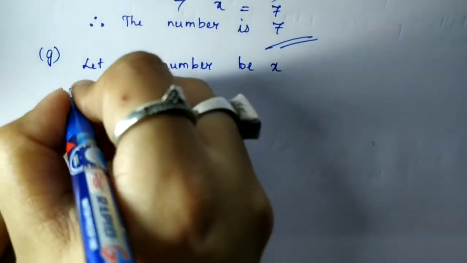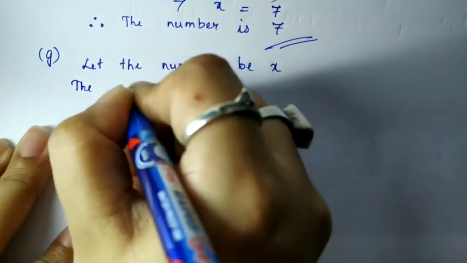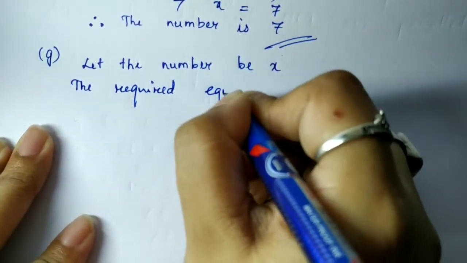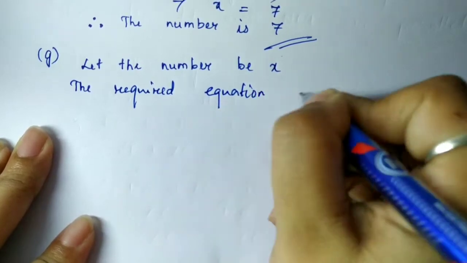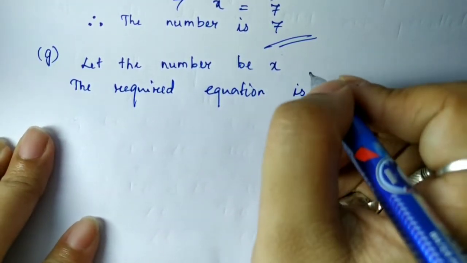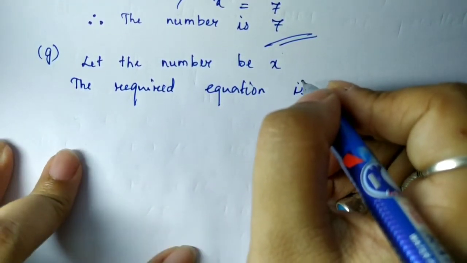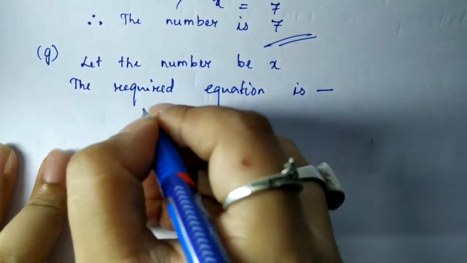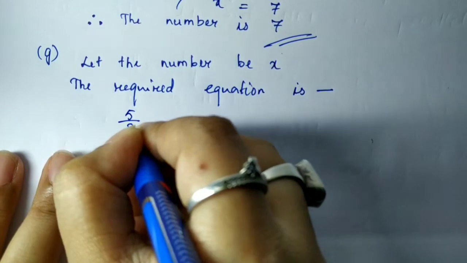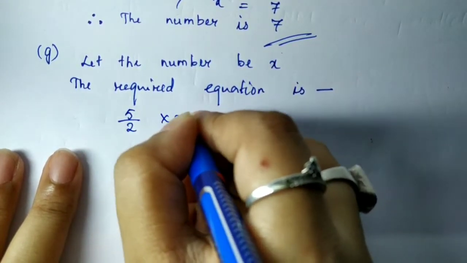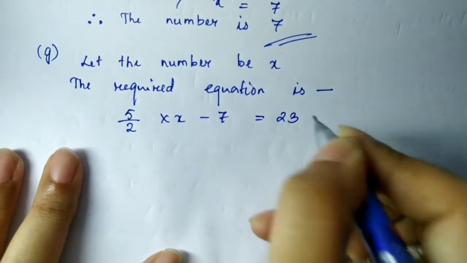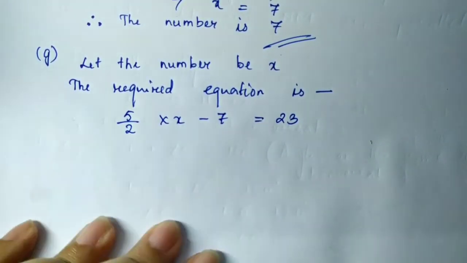So what will be the required equation? The required equation is, see, it said take 7 away from 5 by 2 of the number. 5 by 2 of the number means 5 by 2 into x, and takes 7 away means minus 7, and he gets how much? 23. So this way you form the equation.